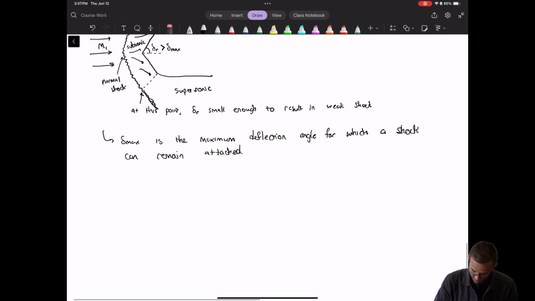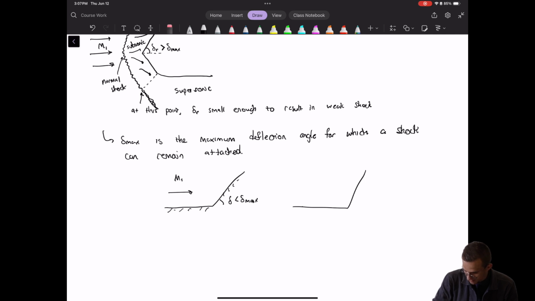Okay, so drawing it like this. Let's say we have some delta, which is less than delta max, and the flow is trying to come in this direction, M1. This is a wall. Same with this here.